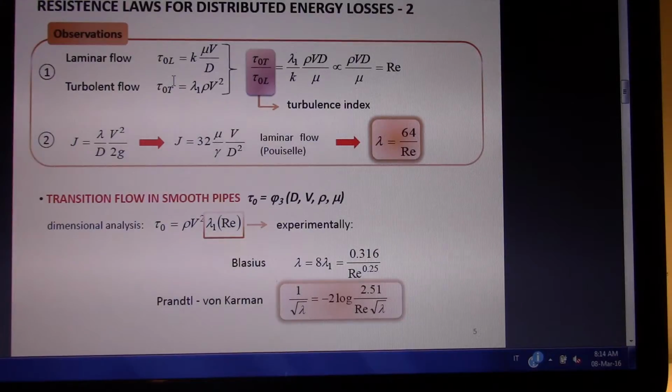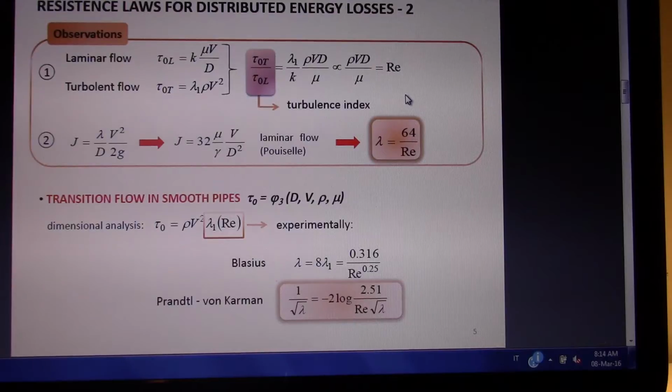Just making a ratio among these two quantities, you can get that tau 0 in turbulent case over tau 0 in laminar flow is exactly this ratio. Alright, so it follows that it's proportional to rho v d over mu, which is exactly the Reynolds number.